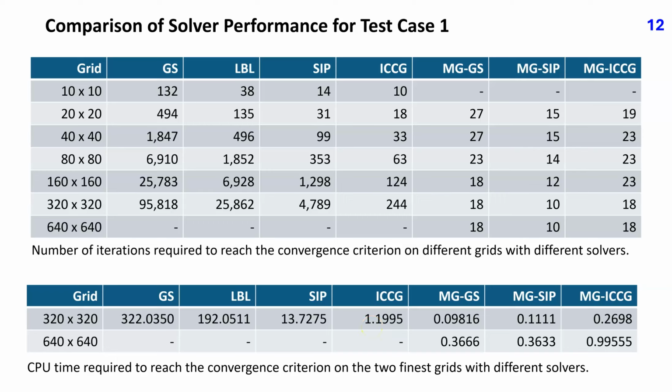The discrepancy is significant because one ICCG iteration involves more computing operations than one SIP iteration. Multigrid method with Gauss-Seidel and SIP solvers consume almost the same computing time, although with SIP much less iterations are needed, 10 instead of 18. The reason is that Gauss-Seidel iterations are cheap.